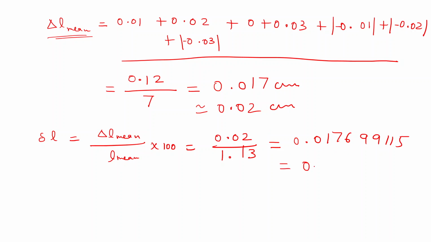This will become 7, this will become 8, since it will become 8, this will become 2, 0.02. Then multiply it with 100, it will become 2%. So the relative error was 2%.